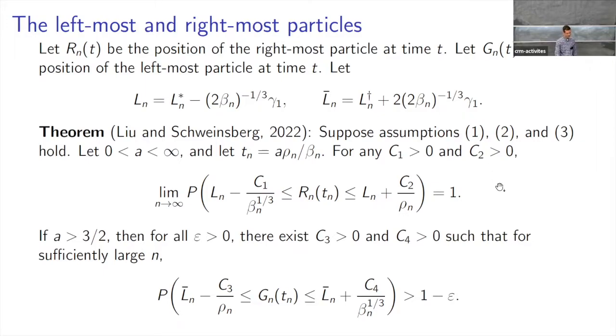And then this theorem says that for a time which is of order rho over beta, the location of the rightmost particle at that time is going to be very close to Ln with high probability. And if we're willing to wait long enough for the particles that are near the right edge at time 0 to have descendants that make their way all the way to the left edge, then the location of the leftmost particle is, with high probability, very close to ln bar.